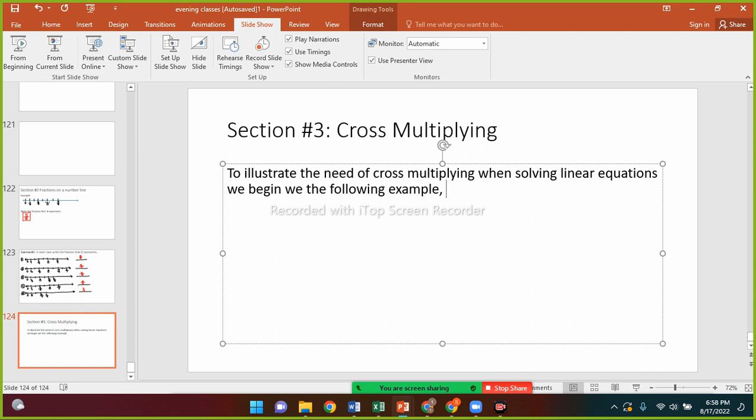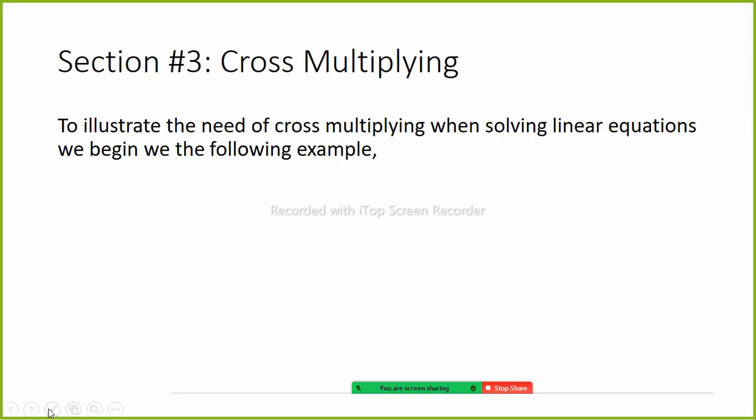So let's say, for example, you have this equation. So let's say you have k over 4, and that's equal to 5 over 6. Right, so you have k over 4, and that's equal to 5 over 6.